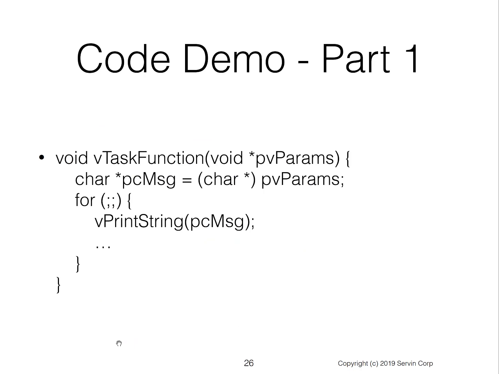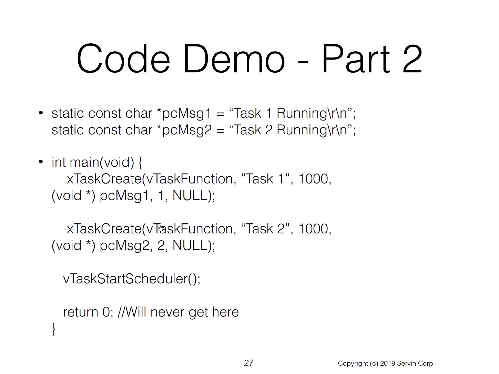So here we have a code demo. We have our task function. Just like we saw earlier, a vTask function, it doesn't return anything, has one parameter passed in. In this case, we just take the parameter and we're going to print out a string. But if we look at part 2 of this demo, we see we're going to have 2 of these tasks running, and we say we're going to start task.